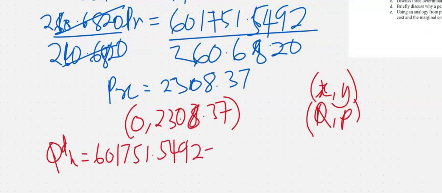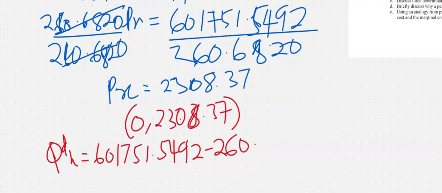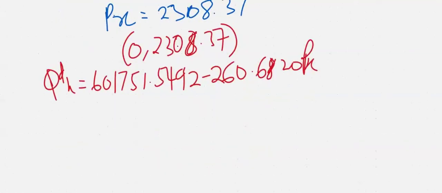Minus 260.6820 PX. So as in the first equation, we equated QDX to 0 and found PX, right? With this equation, we would equate PX to 0, right? So that we will find QDX.